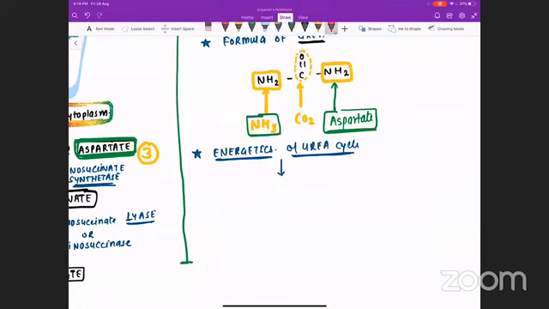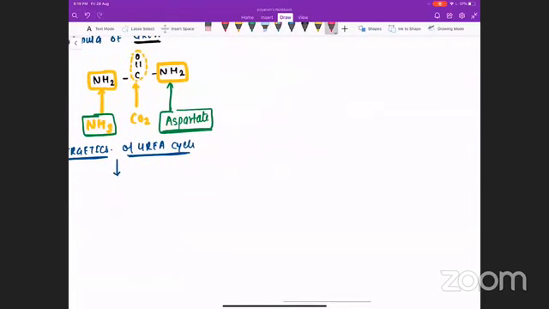To make you understand the energetics part, I just want to give you a simple concept. You must be knowing already, there are three forms of energy that we commonly use: adenosine triphosphate, diphosphate, and monophosphate.